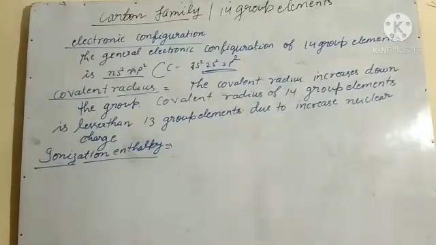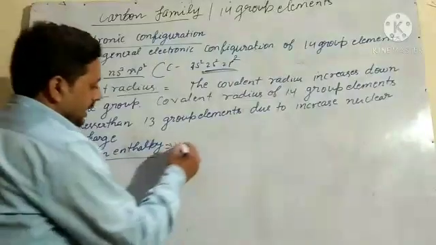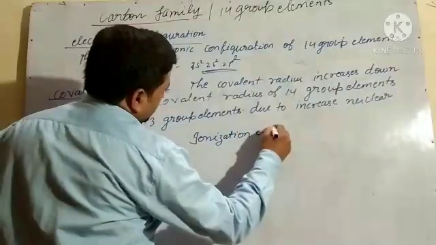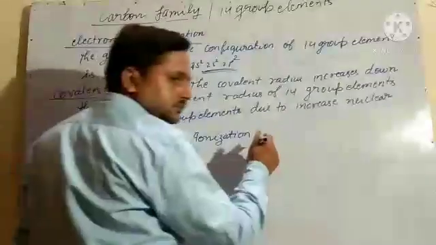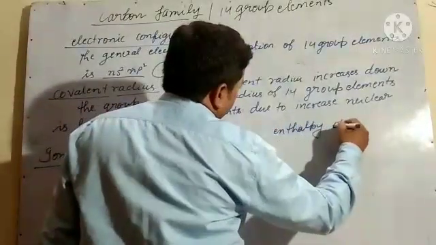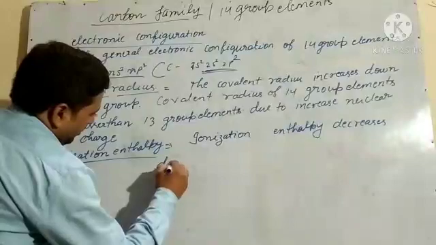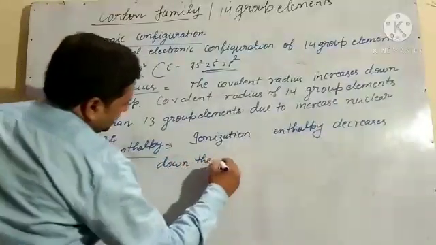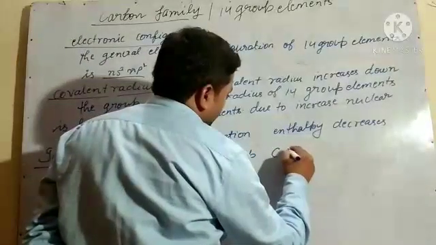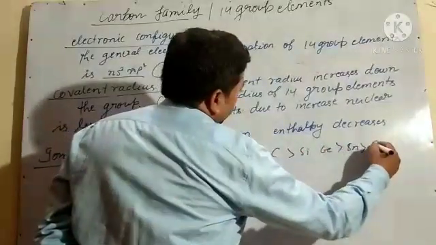So what we have seen is that ionization enthalpy decreases down the group. What will be the order? Carbon, then silicon, then germanium, then tin, and then lead.